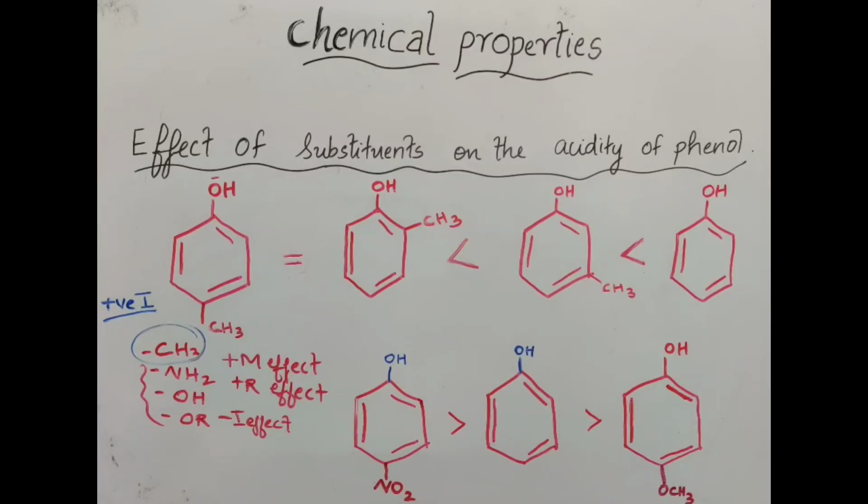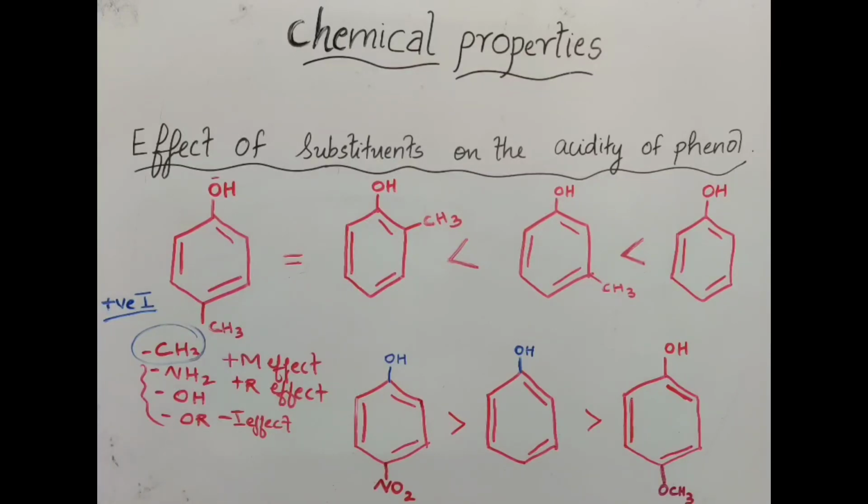It is indicated by minus I. Following are the examples in decreasing order of their minus I effect. Here we want to know only one thing: by the presence of NH2, OH group on the benzene ring as a substituent, it increases the acidity of the phenol.